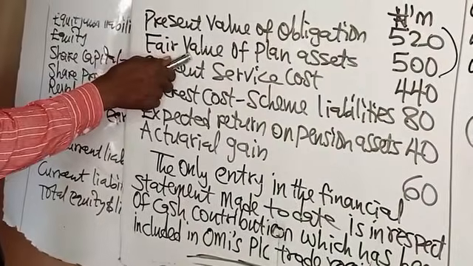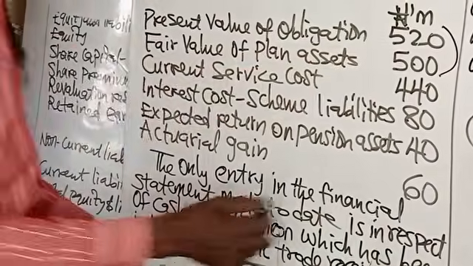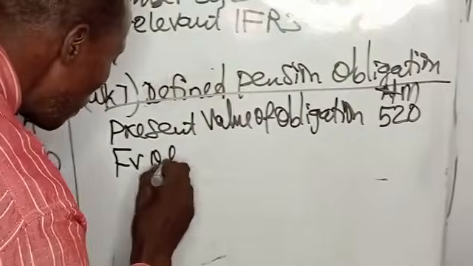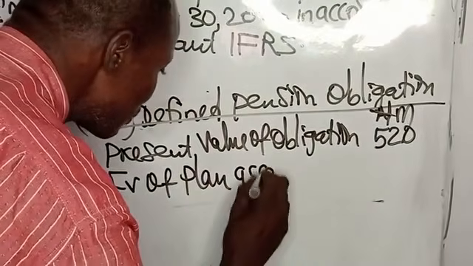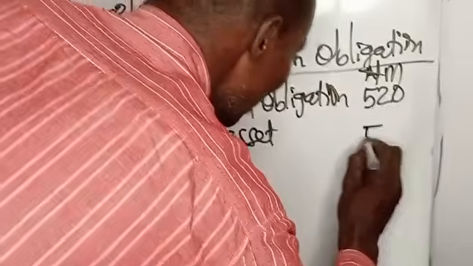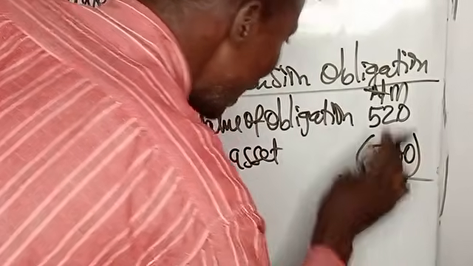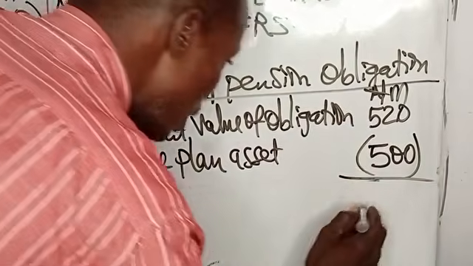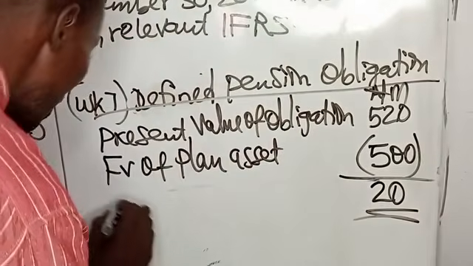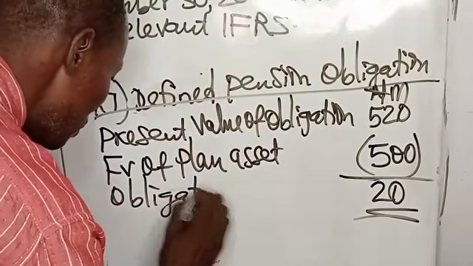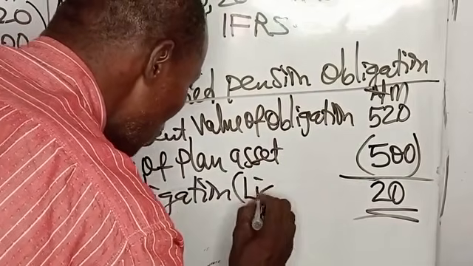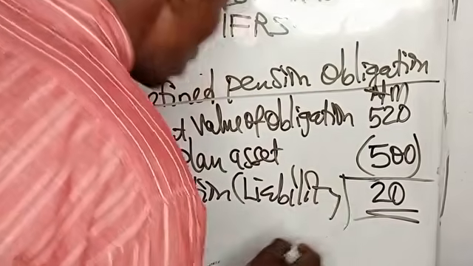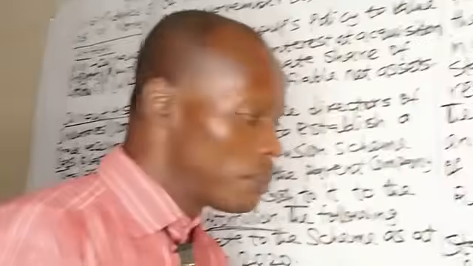Then we also have fair value of plan assets, 500. Since obligation exceeds the asset, the difference of 20 is obligation, which is liability. So you are going to recognize the 20 million as non-current liability in the consolidated statement of financial position.